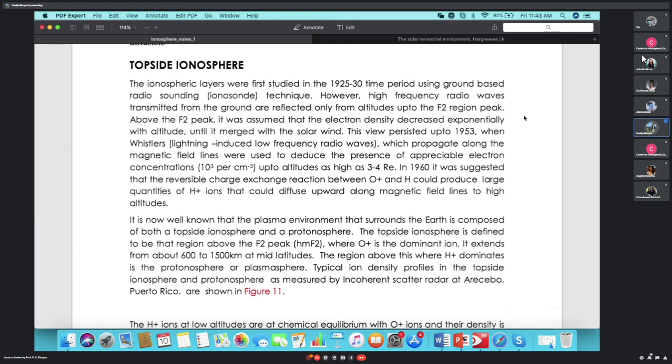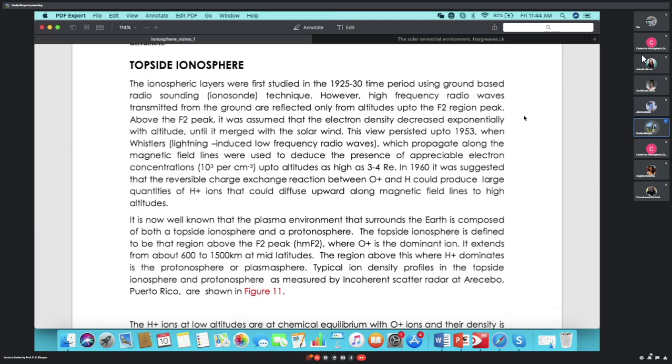You can go up to the protonosphere, not plasmasphere. What is the protonosphere? That is the H plus dominated ionosphere. While discussing these profiles, I had mentioned that at some point H plus takes over O plus. H plus density becomes more than O plus density. That is the transition height between O plus and H plus, defined from the transition height between alpha and beta Chapman.